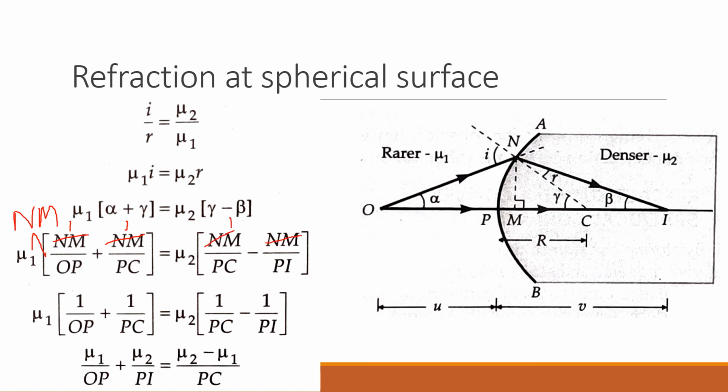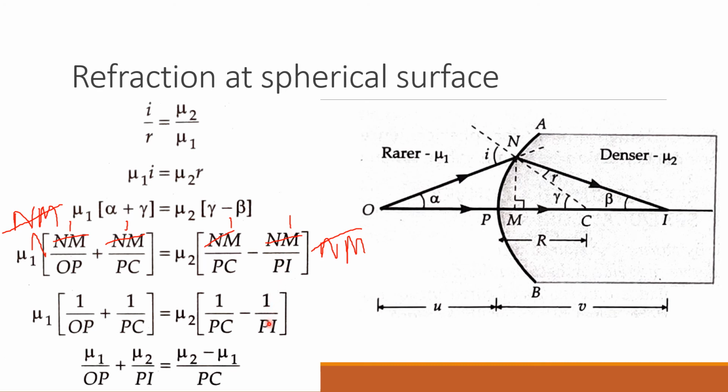Now since Nm is on both the right hand side and the left hand side, I can cancel Nm and Nm. Therefore I'll have mu1 times (1 by OP plus 1 by PC) equals mu2 times (1 by PC minus 1 by Pi).